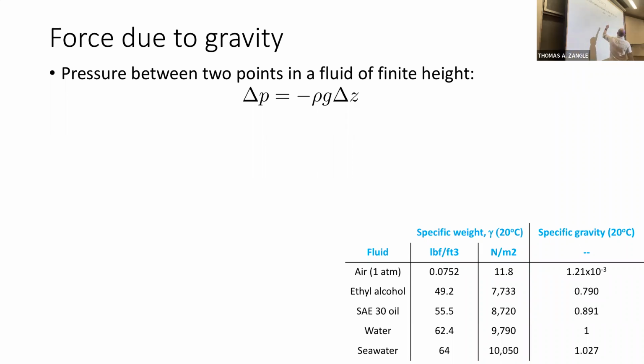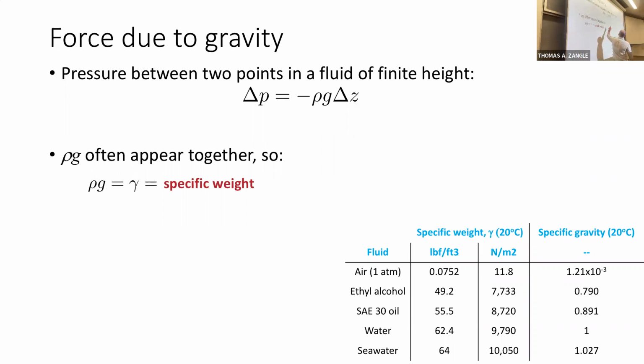Right, so the difference in pressure between two elevations in the fluid is given by minus rho g delta z. Again, remember that negative sign, I warned you, it's going to be kicking around nearly every time we work with pressure forces. We have that negative sign from the convention about pressure forces acting inwards.